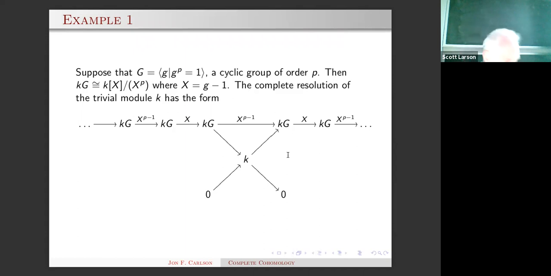And I'll point out something here. This is a situation which we call periodic, because it repeats after periodic terms. And if you think of chain maps on this, it's easy to see that you can shift 2 in either direction and get the same thing.